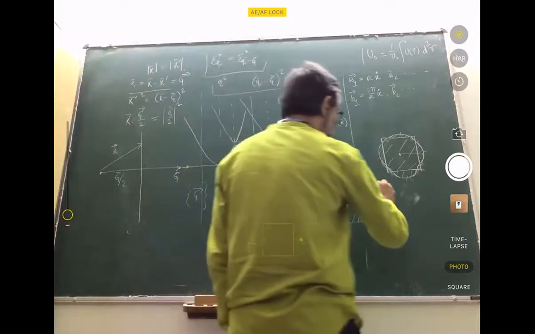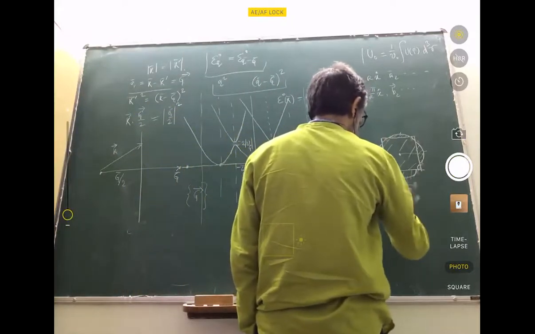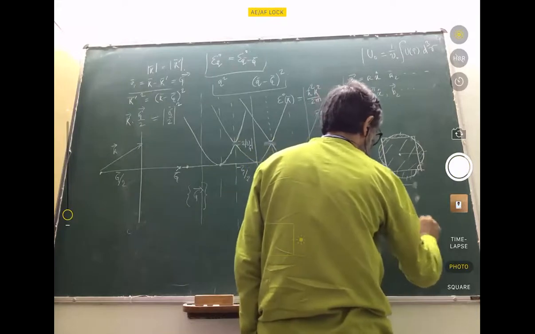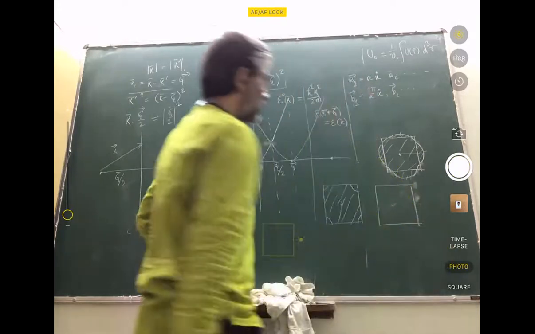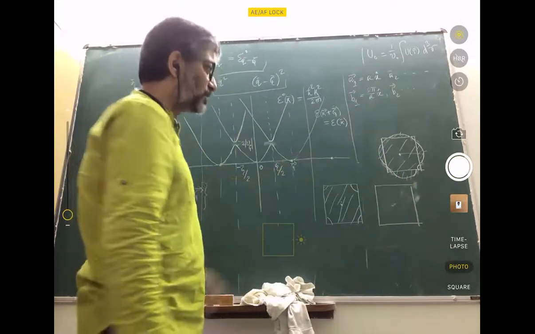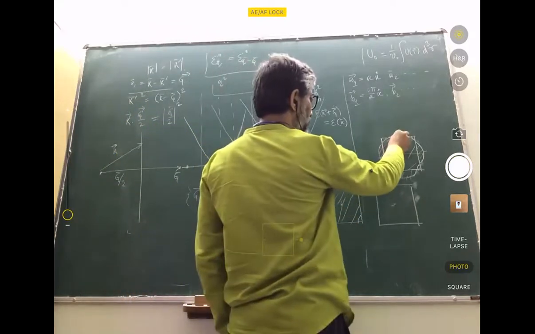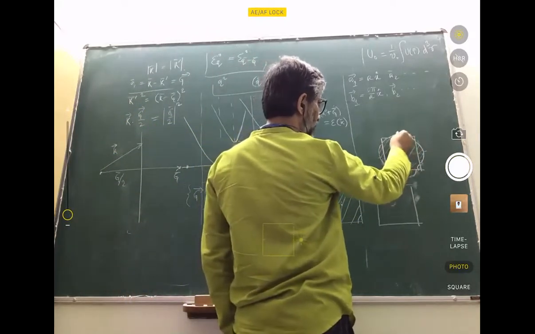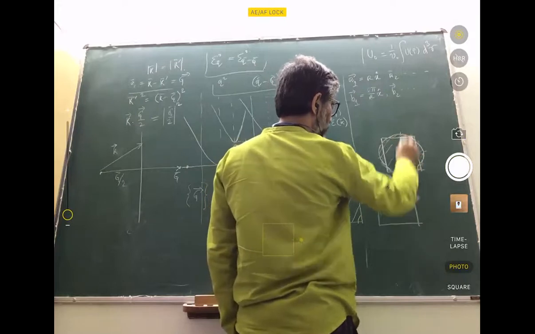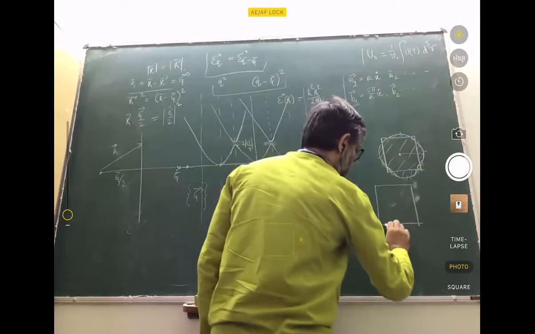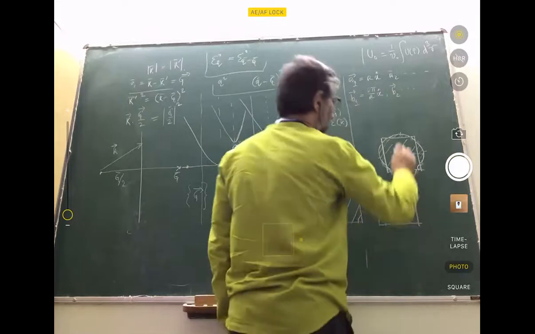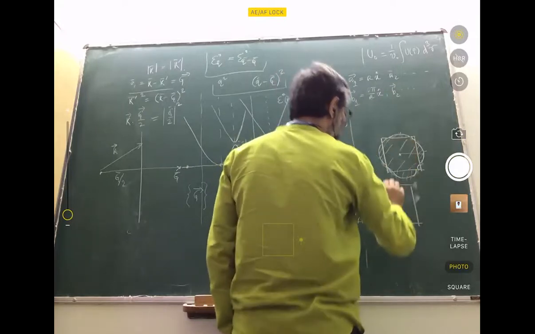Then let us draw the other piece within the first Brillouin zone. So what do I have to do? This piece is outside the first Brillouin zone, so I have to translate it back here. So this thing would come here. This thing translated up would go here.